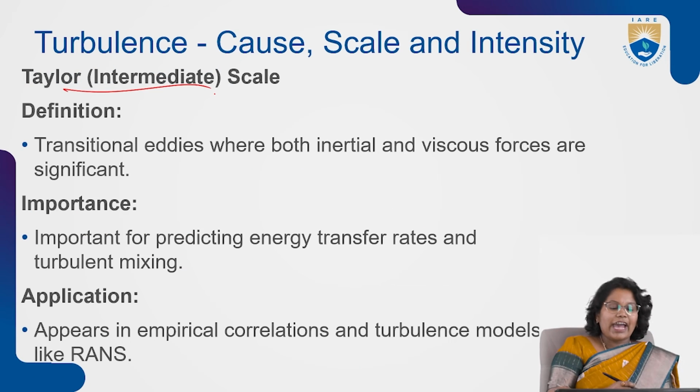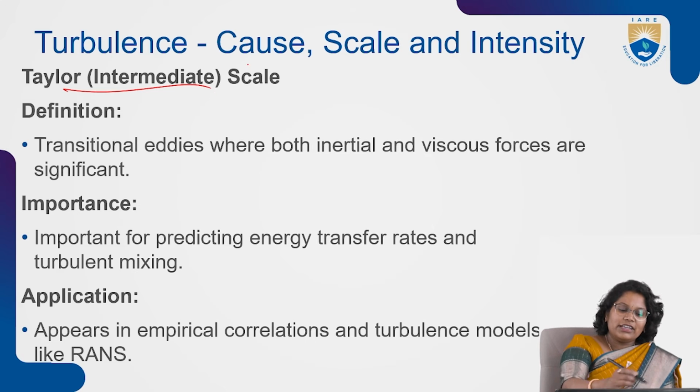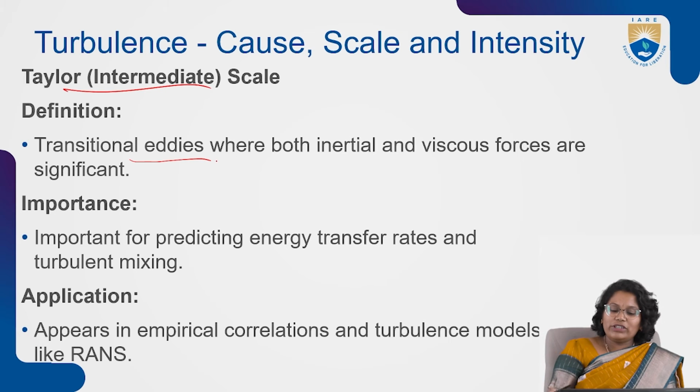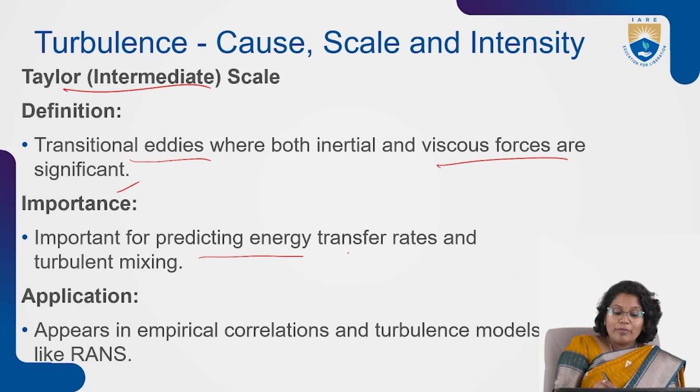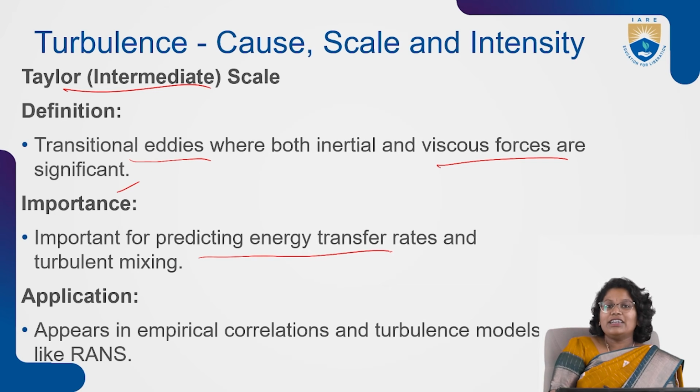Another scale is Taylor's intermediate scale. The intermediate scale consists of transitional eddies where both inertia and viscous forces are significant. Its importance is in predicting energy transfer rates and turbulent mixing. Applications appear in empirical correlations and turbulence models like RANS.